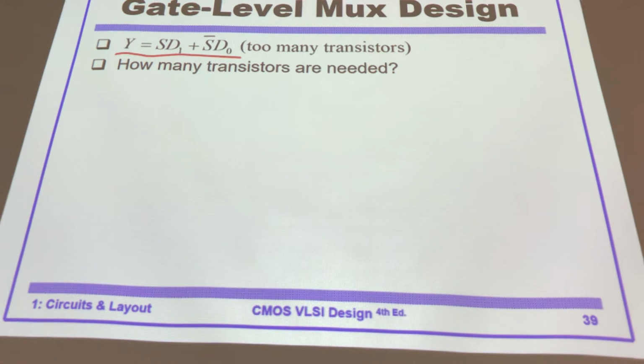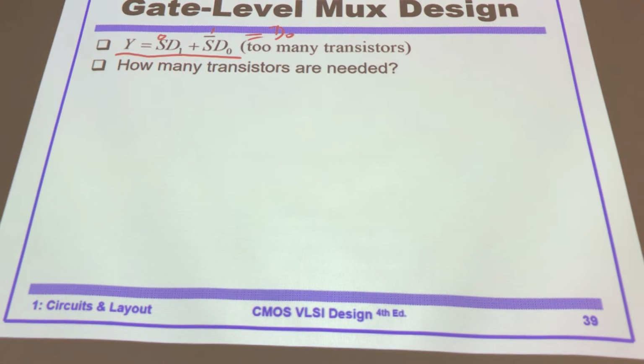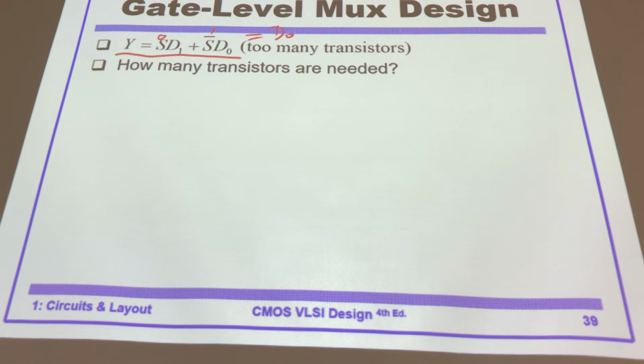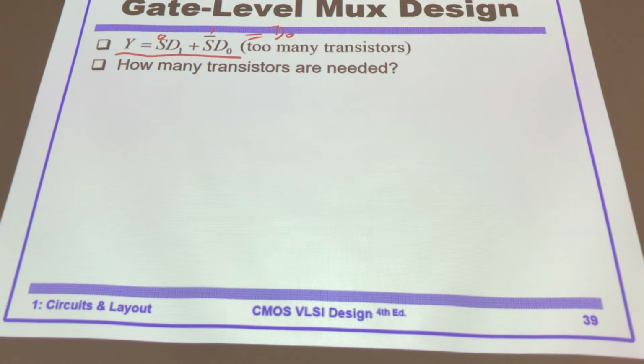When S is 0, then S bar is equal to 1. You're getting D0, right? When S is 0, 0 and D1 gives 0. 0 and any signal, 0 or 1, you're getting 0. 1 and D0, you're getting D0.